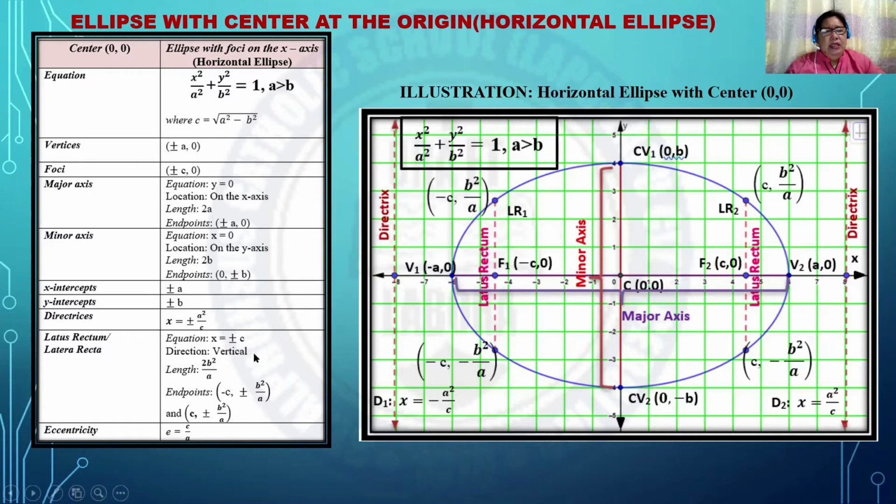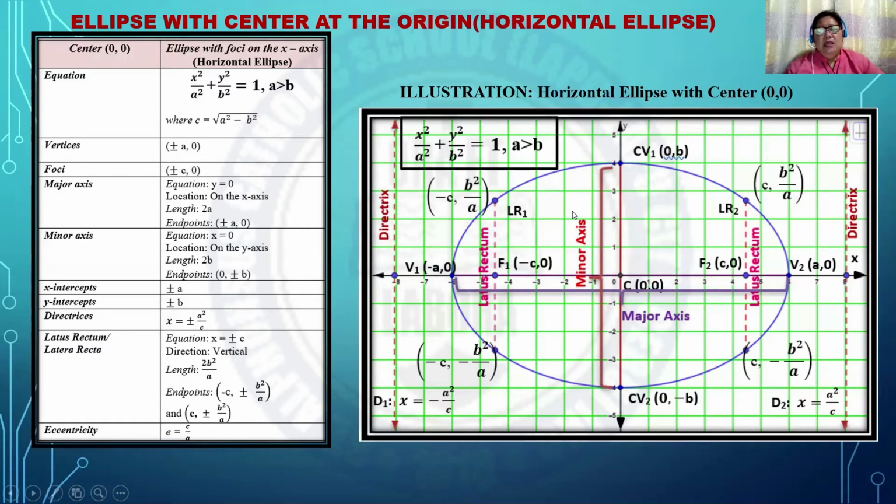Direction is vertical. The length of the latus rectum is 2b squared over a. The endpoints are negative c, plus or minus b squared over a, and c, plus or minus b squared over a. For the eccentricity, the formula is e equals c over a.